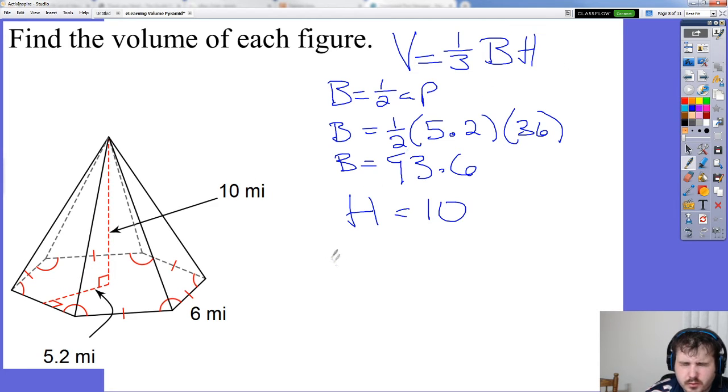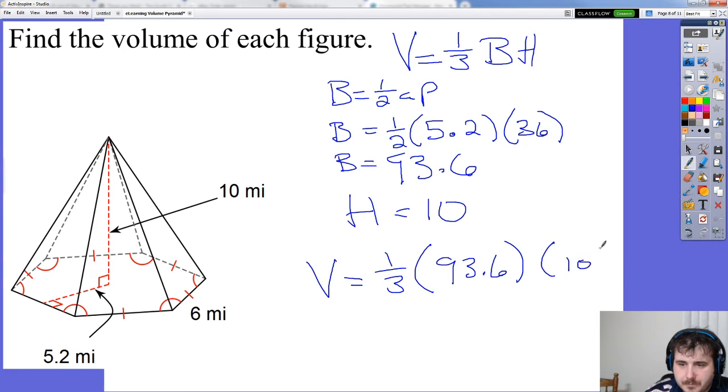And now we're just going to do 1/3 base times height. Now, here's another cool thing. Remember I used distribution property last time to do some mental math? Look, 9, 3, and 6. They all divide evenly into 3, right? 9 divided by 3 is 3. 3 divided by 3 is 1. 6 divided by 3 is 2.